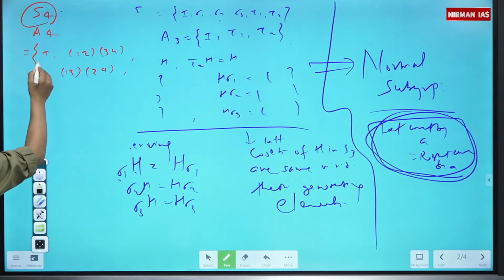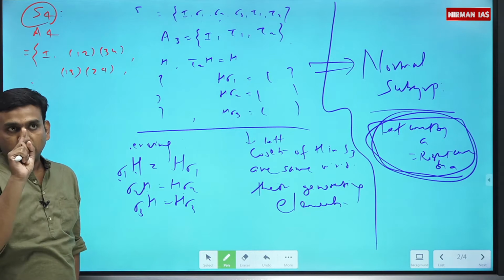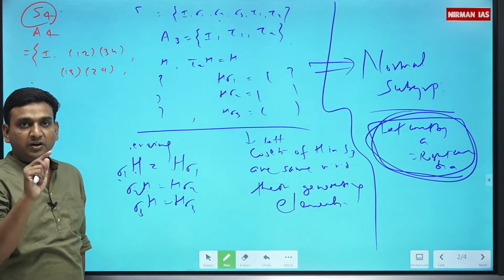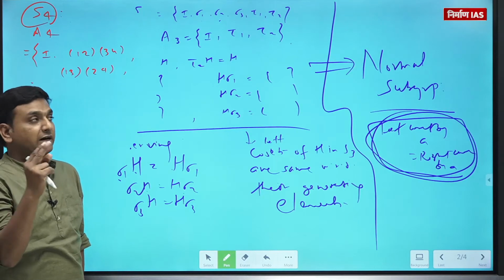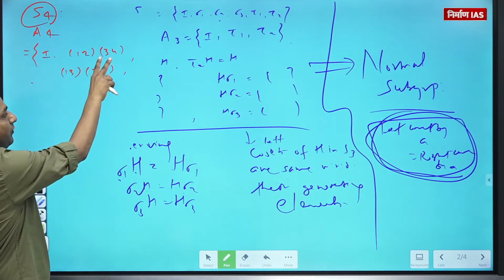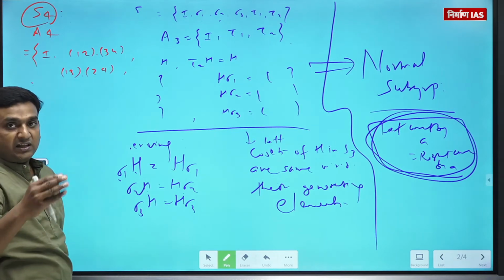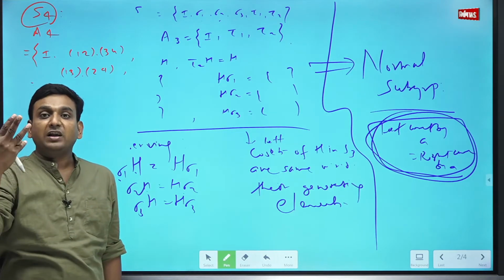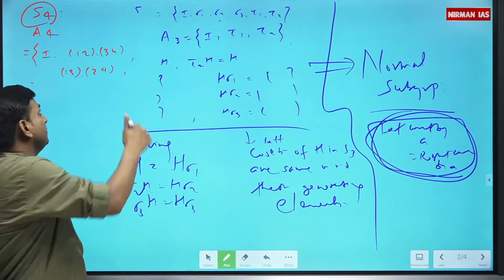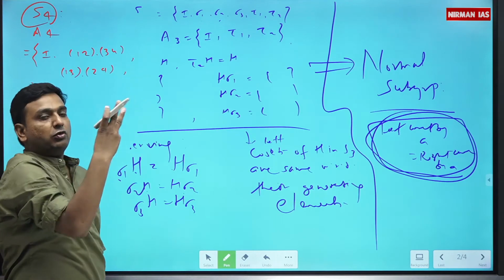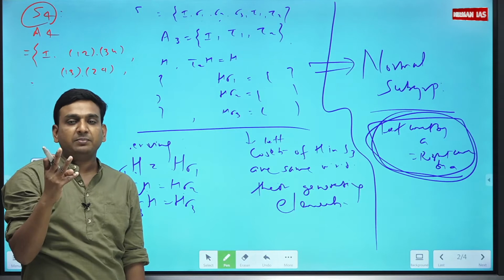So in A4, you will have permutations like: one, the identity permutation, which is always an even permutation. Others will be compositions of 2 different cycles of length 2. Other will be cycles of length 3. You are getting my point? Because S4 has 4 symbols only. So a cycle can be at most of length 4 with 4 symbols.